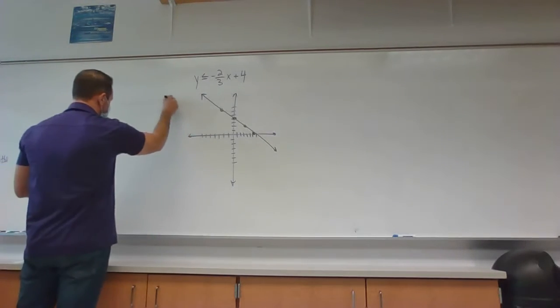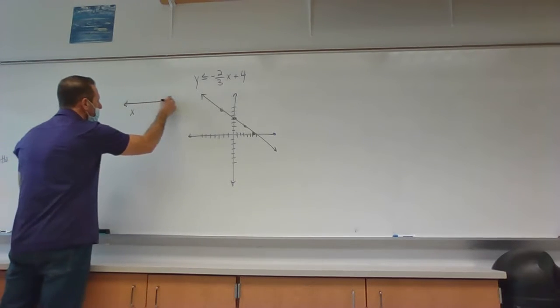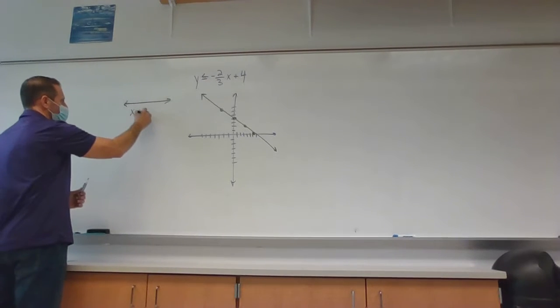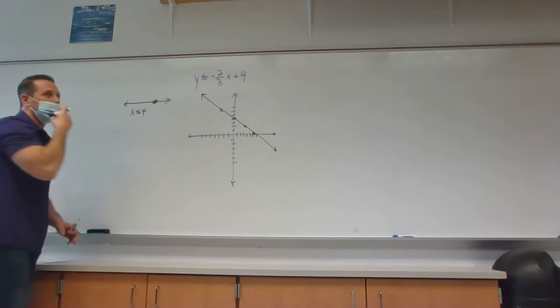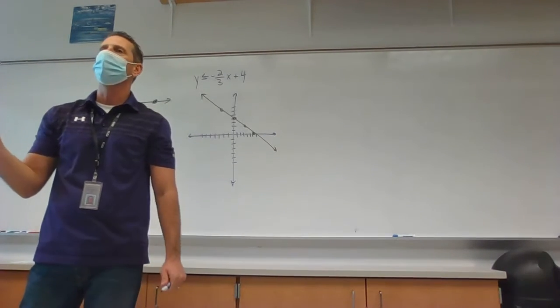Remember when we graph on a number line, if I was to say x is less than or equal to 4, we would have a closed circle at 4 because 4 is a number that makes it true. But then what else would we do?